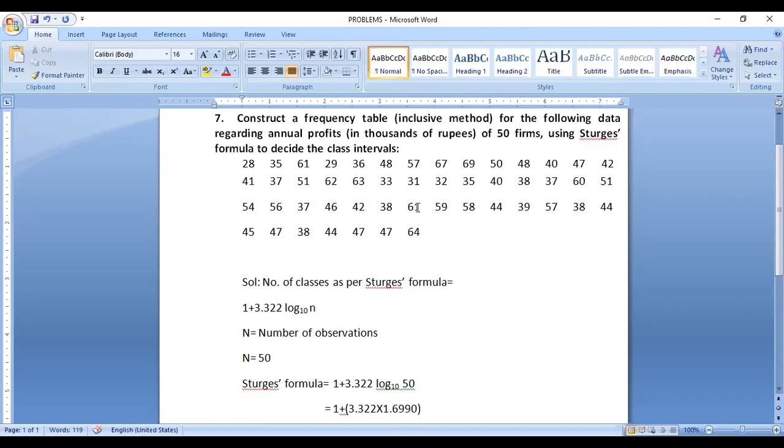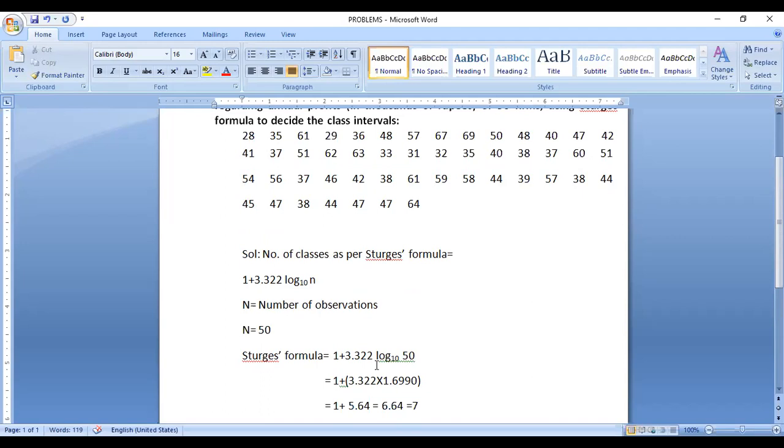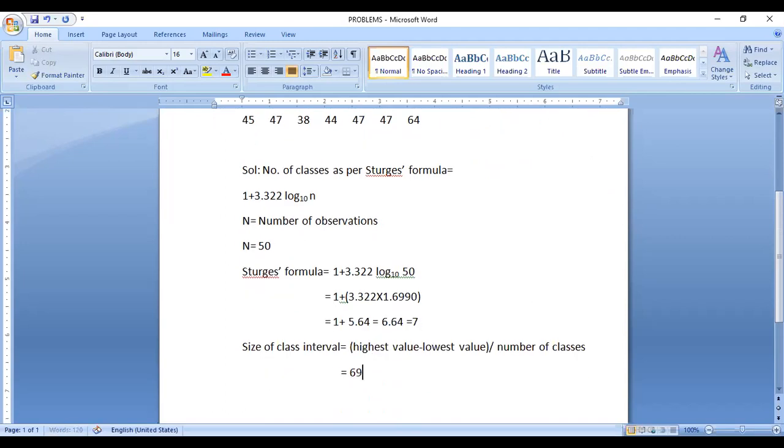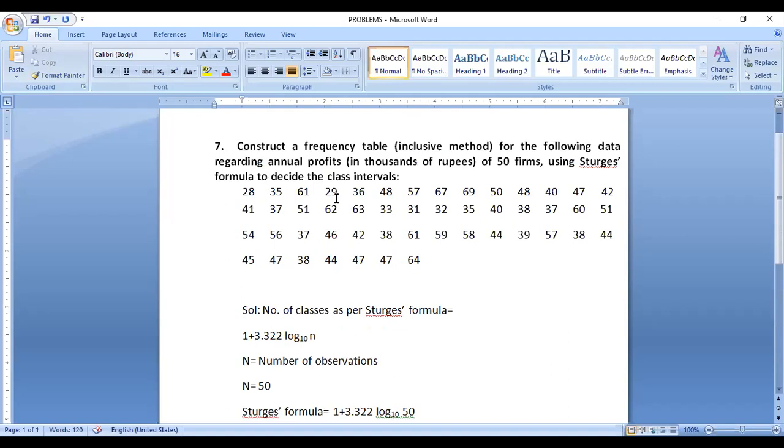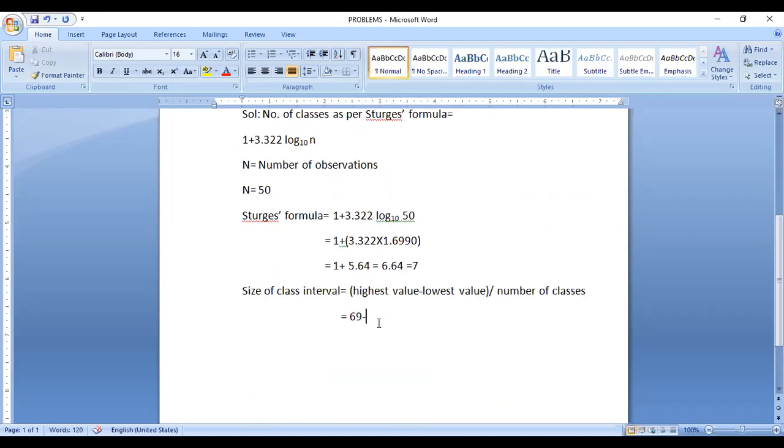In this row nothing is there more than 69. So 69 is our highest value, minus lowest value, which is 28. 28 appears to be the lowest value.